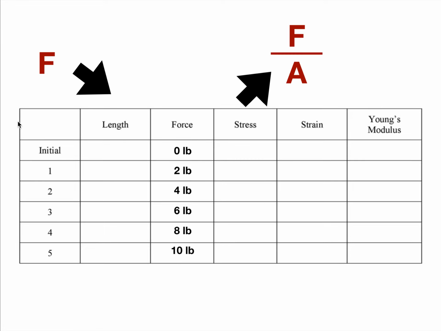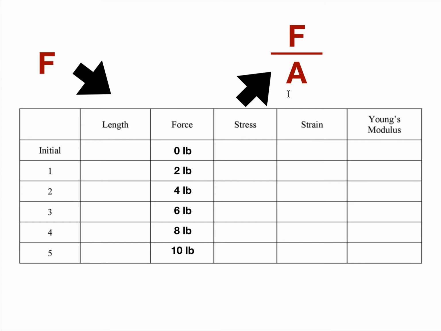Here's the table for today. So we're going to apply forces of 0 pounds, 2 pounds, 4 pounds, 6 pounds, 8 pounds, and 10 pounds. And then you're going to get a certain length when a certain force is applied to it.